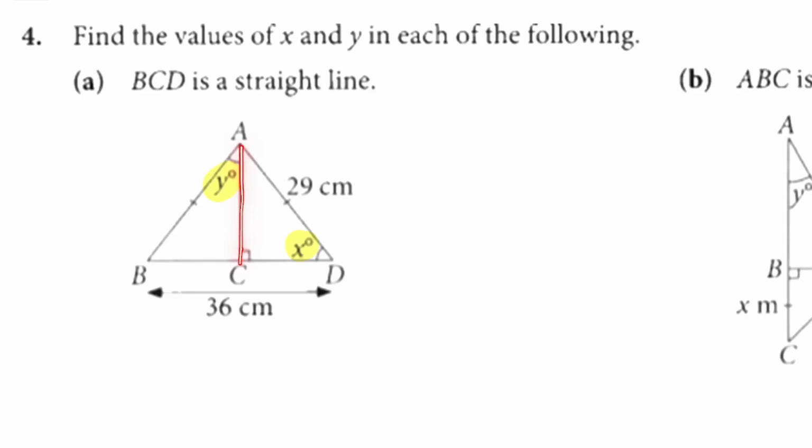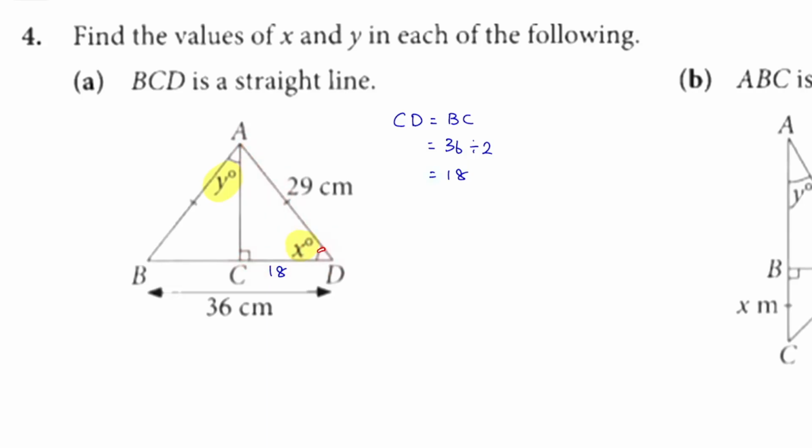The line in the center would cut the base into two equal sections as well. So therefore, line CD equals line BC equals 36 divided by 2 equals 18. So let's label 18.